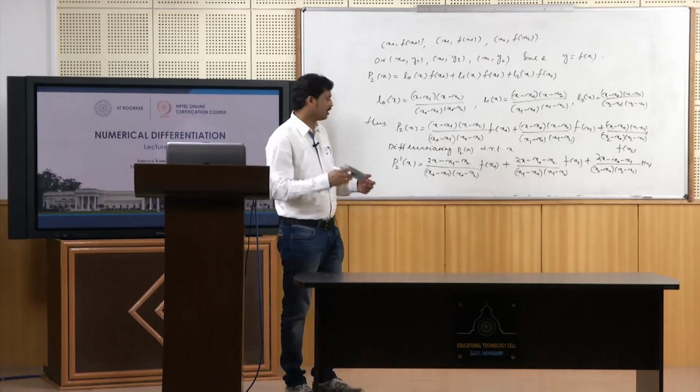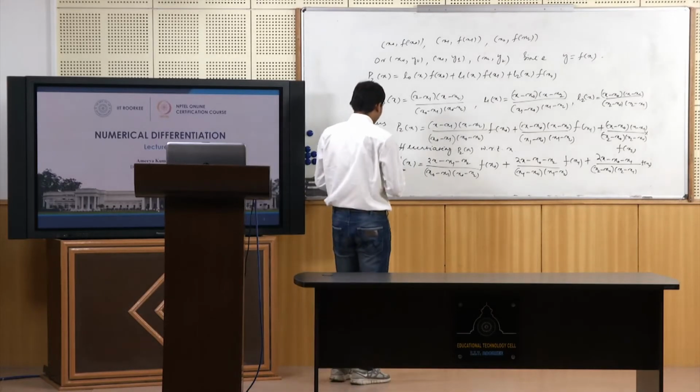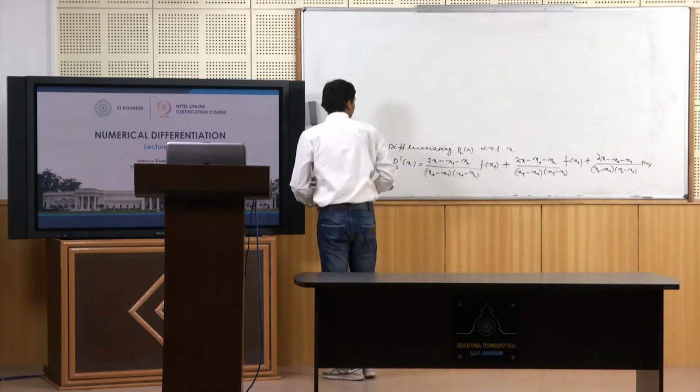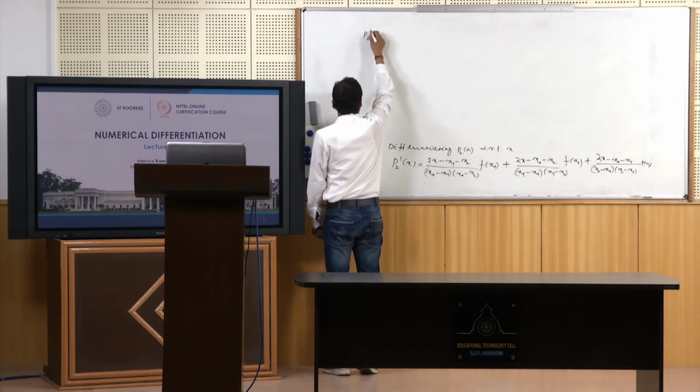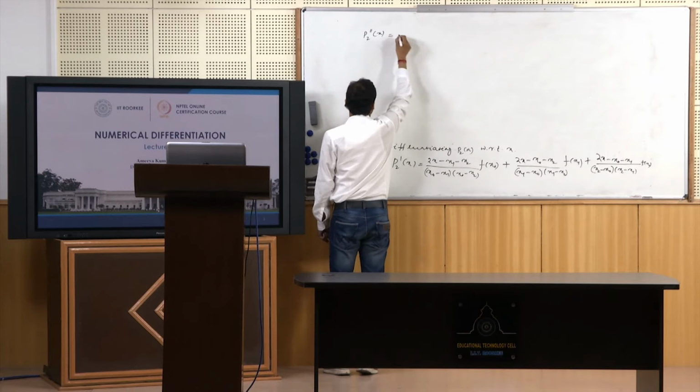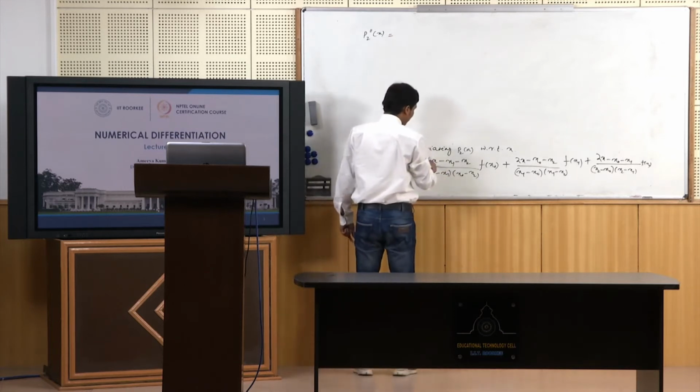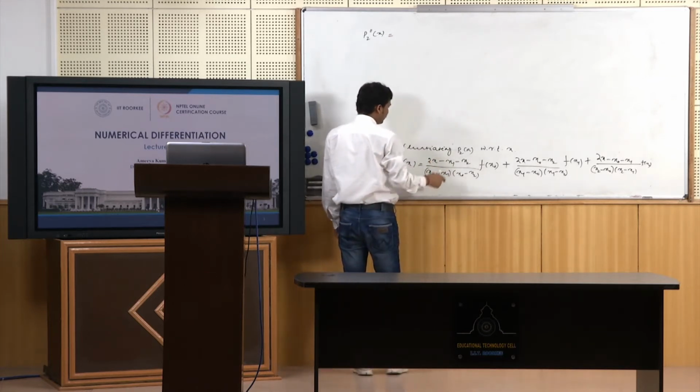So, next if we go for the second differentiation of this function, if we differentiate once more, then we can write P2 double dash of x as, first, the variable term is involved here.